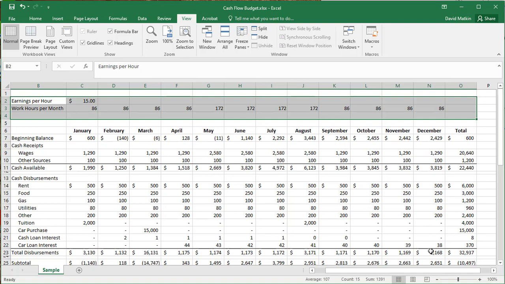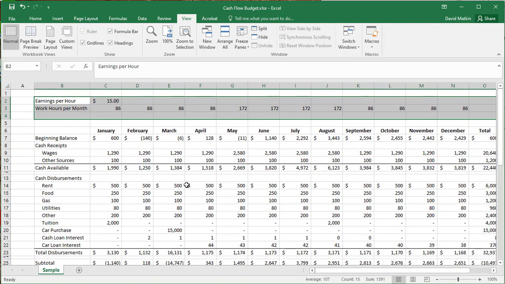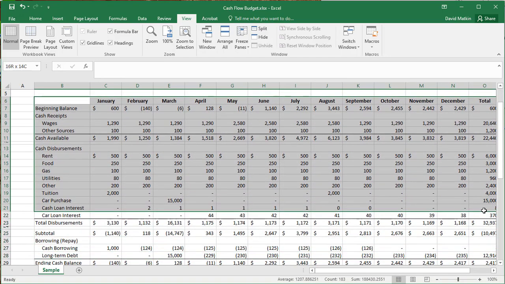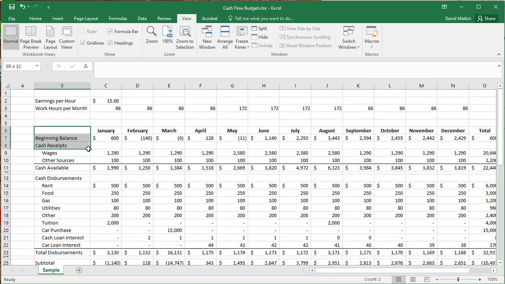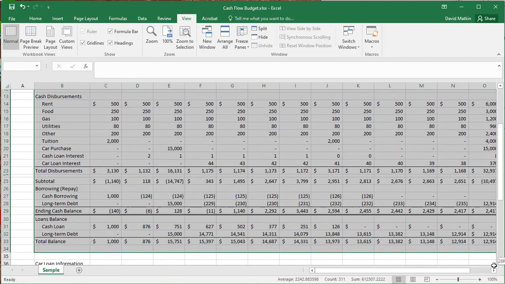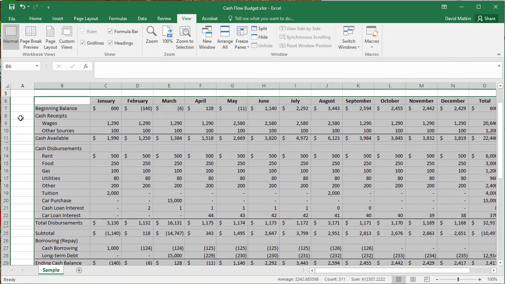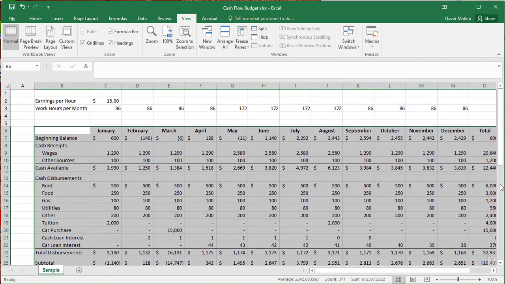If we look at this information that starts with the months and the beginning balance and goes all the way down to the total balance, that's the budget. That's what we would copy and paste out of Excel into our Word document and provide to our reader.